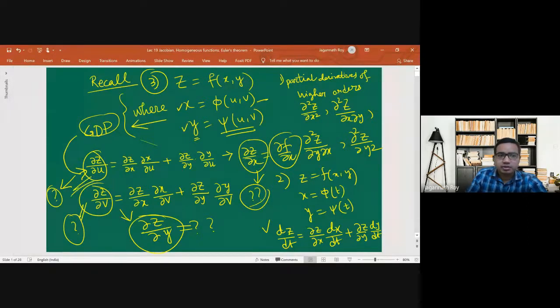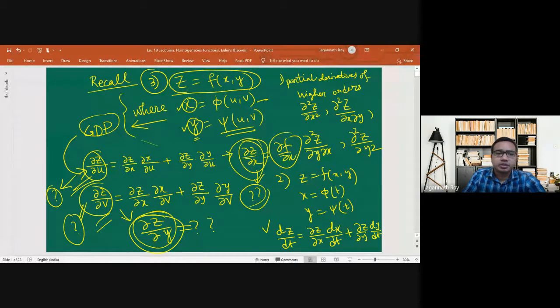Now, with the help of these values, we have to find the partial derivative with respect to x and y, because the function is given as this one, where x and y are functions of u and v. We don't want the partial derivatives. If it is asked to find this value, then we will do it. But if it is asked to find out this value, then we'll go for the chain rule.